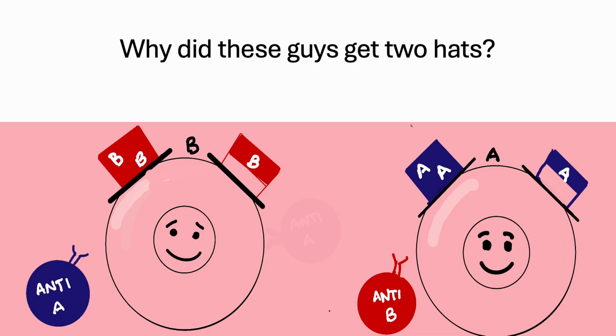So here's type A and type B blood. These guys get two hats. It is a question of genotype versus phenotype. Genotype is the genetic makeup of inherited alleles. Phenotype is what you look like or outwardly express based on your genetics.